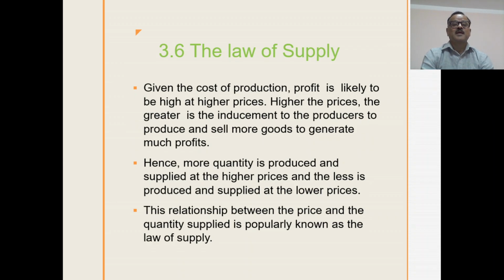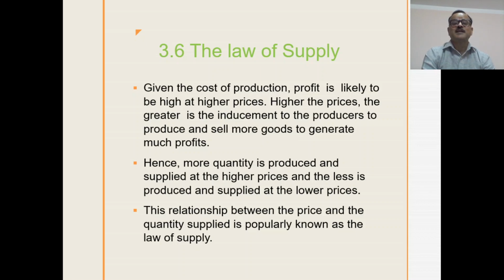The law of supply. Given the cost of production, profit is likely to be high at higher prices. The higher the prices, the greater is the inducement to the producer to produce and sell more goods to generate more profit. As you know, every firm has the objective to maximize profit.